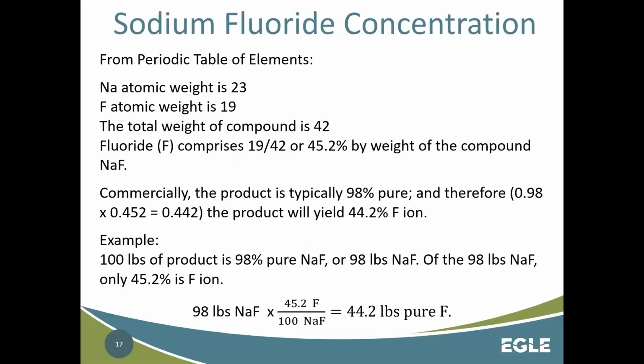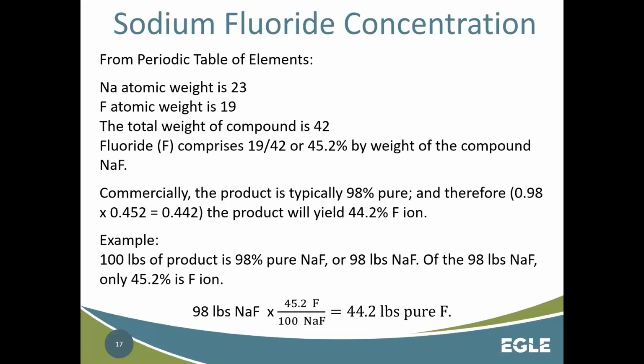Okay, same for sodium fluoride. We look at the atomic weight. The formula for sodium fluoride is just NaF, so 1 Na and 1 F. The total weight of the compound is 42. 19, the fluorine atomic weight, divided by 42 yields 45.2% weight of the compound is fluorine ion.